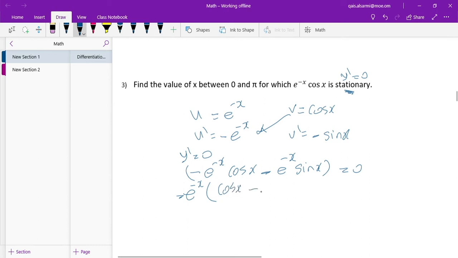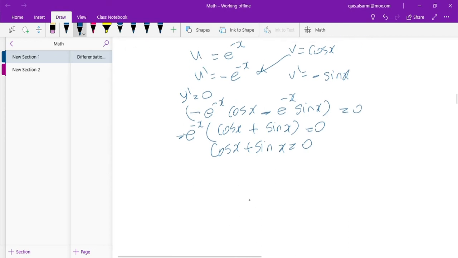Remains cosine x plus sine x equals 0. This term approaches 0. This term never ever equals 0. So the only solution here is cosine plus sine is equal to 0.